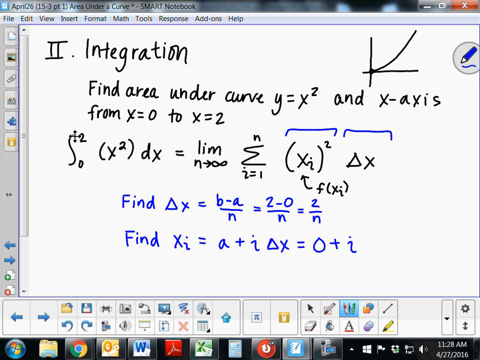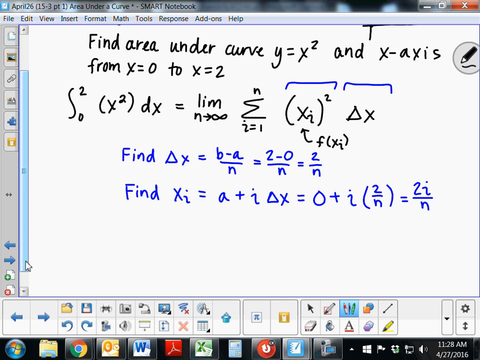Well, delta x is equal to 2 over n. So I times 2 over n is 2i over n. So I have these pieces here that I can plug into my formula.